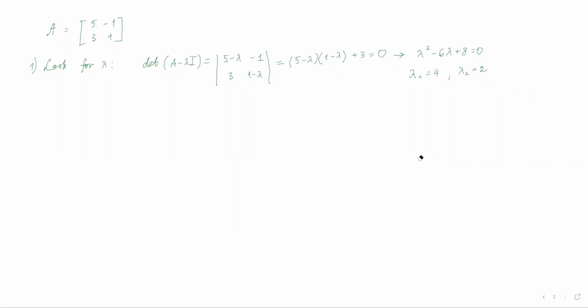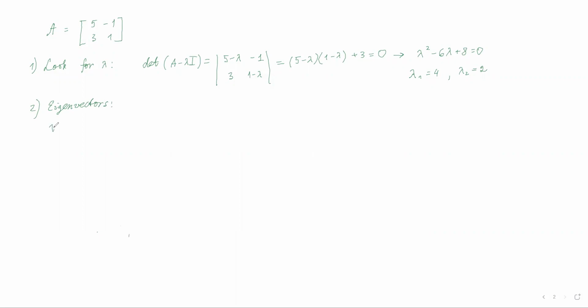And now we are going to look for eigenvectors again, because our goal is to find them. So usually that's going to be number 2, eigenvectors. And because we do have 2 lambdas, we are going to find eigenvectors for each lambda separately.